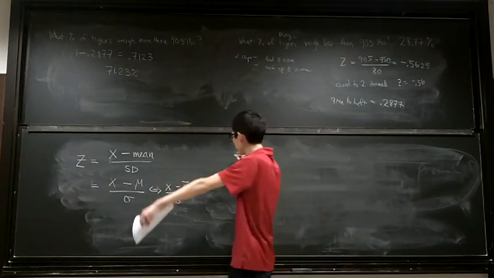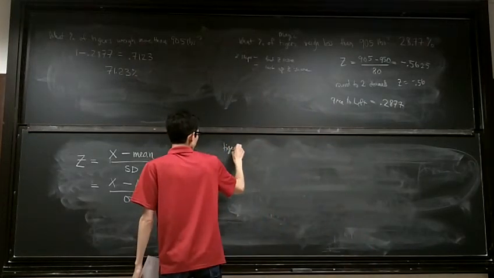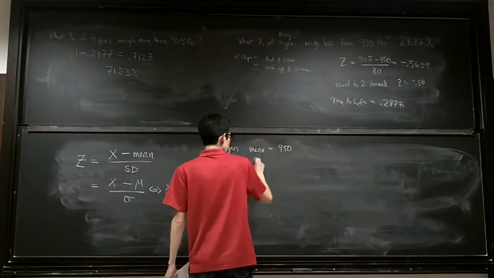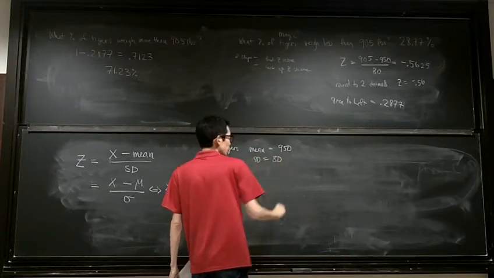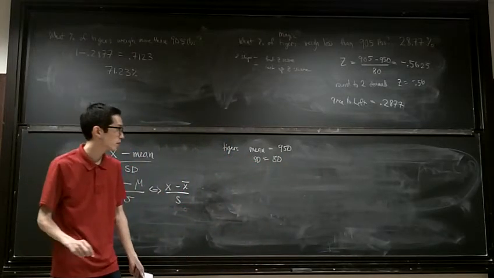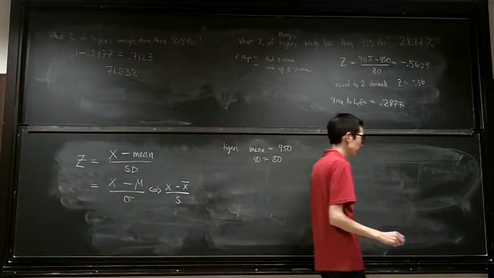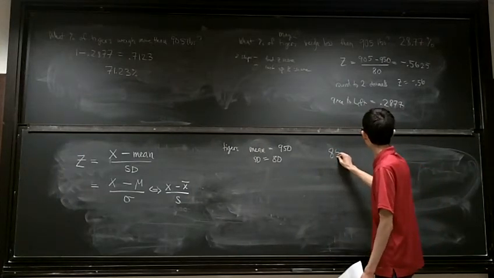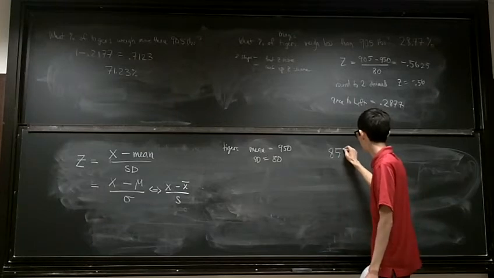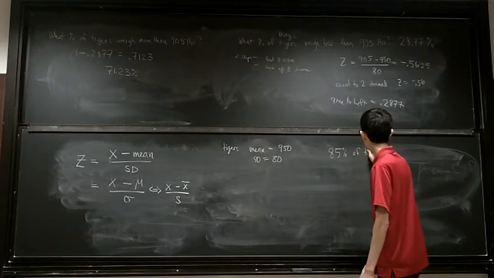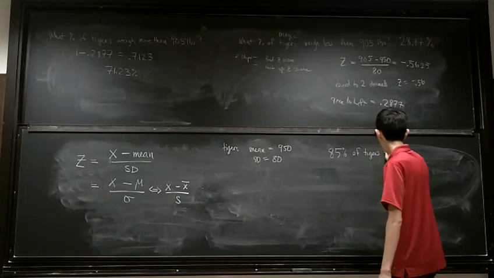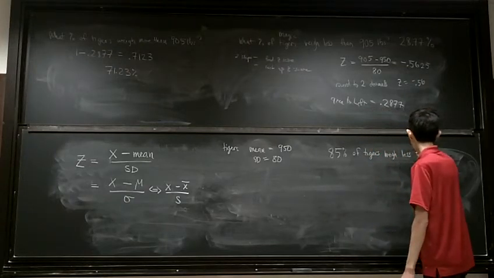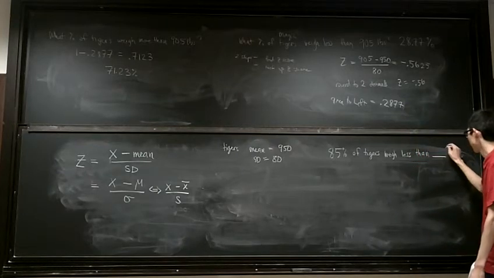Okay, so still we'll say tigers, the mean is 950 and the standard deviation is 80. I'm going to say 85% of tigers weigh less than blank.